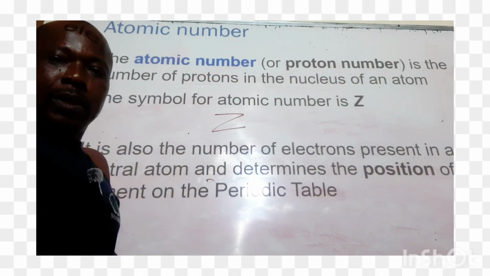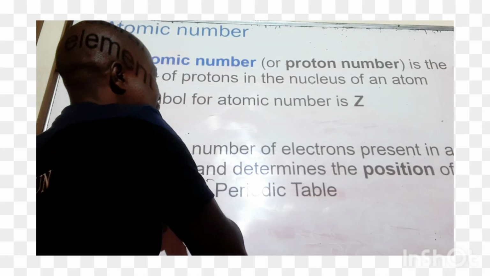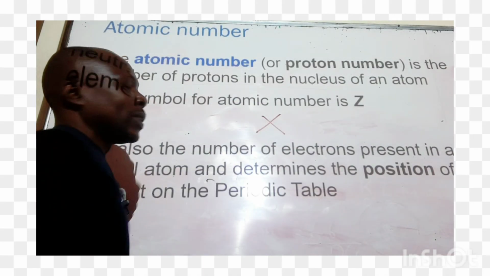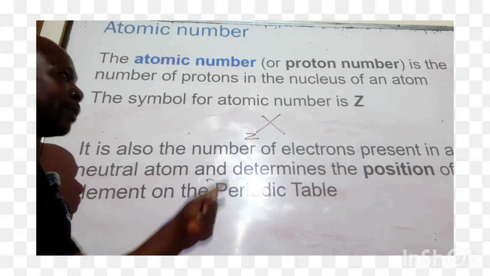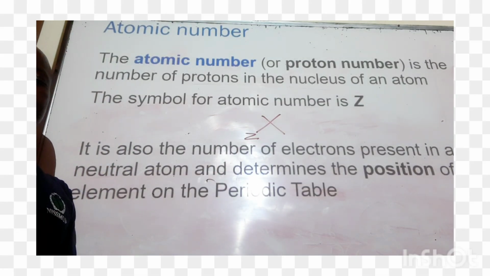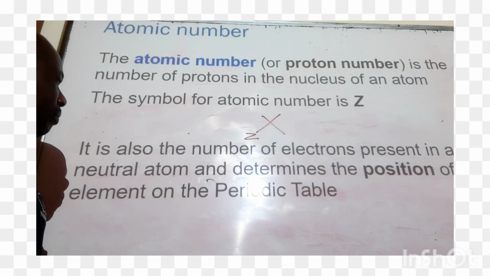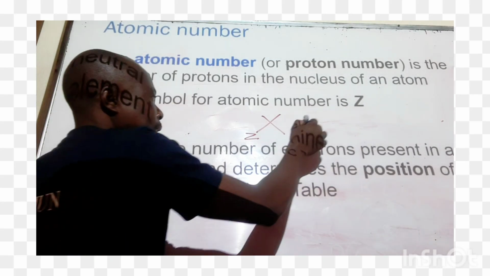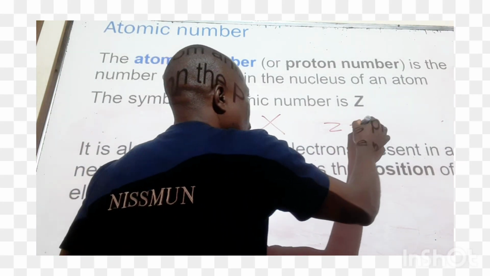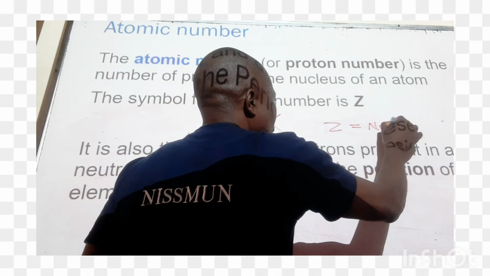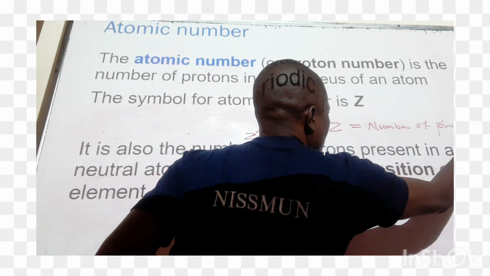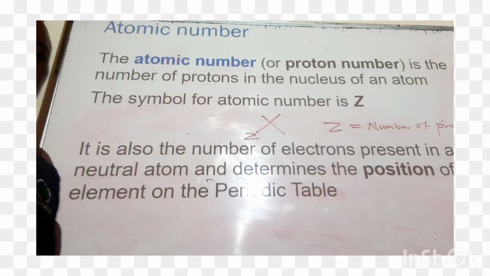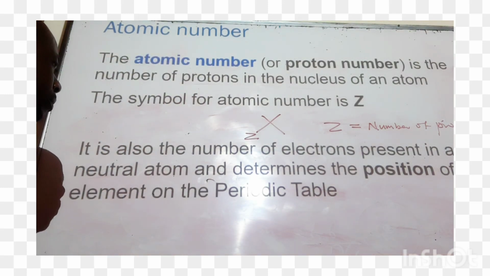So if I decide to use X to denote an element, it means that Z represents the atomic number of that element, which is Z equals the number of protons.